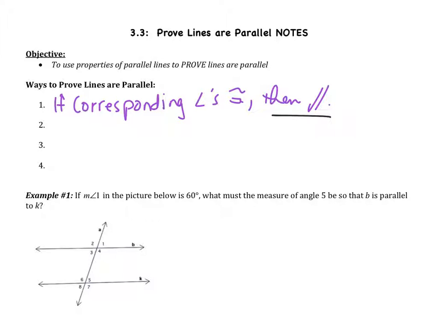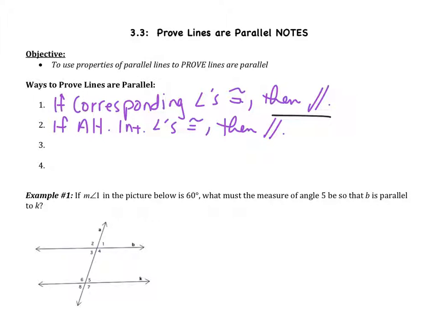All right, so we had 4 statements yesterday dealing with the idea of alternate interior, alternate exterior, and consecutive interior. Can someone give me one of the converse statements from yesterday? Oh, good job. Okay. How about if alternate interior angles congruent, then parallel.